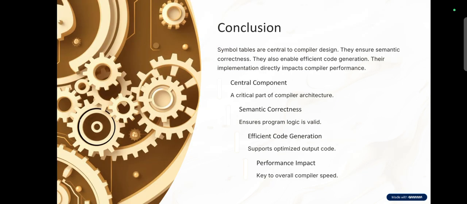To wrap up, the symbol table is a central component of a compiler, almost like its memory or internal brain. It ensures semantic correctness by maintaining accurate information about all the identifiers. It enables efficient code generation, mapping high level code to low level machine instructions.